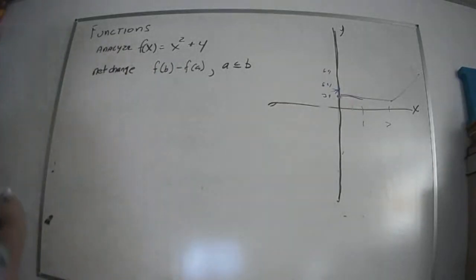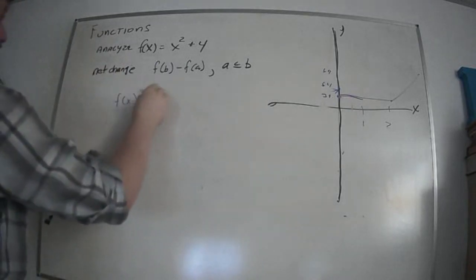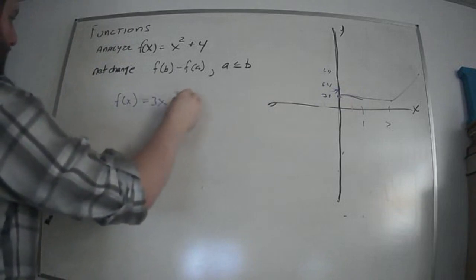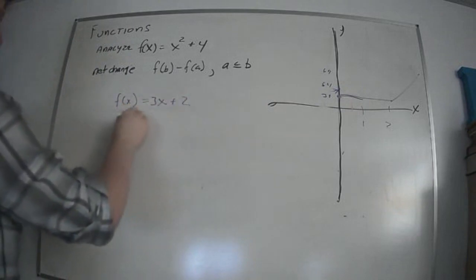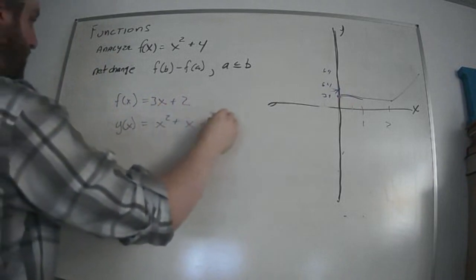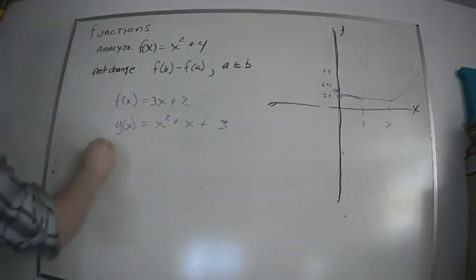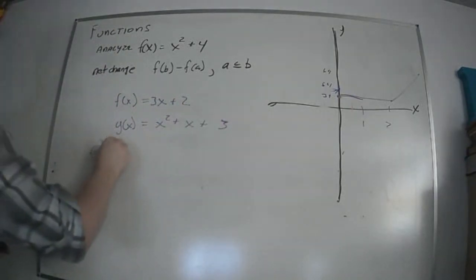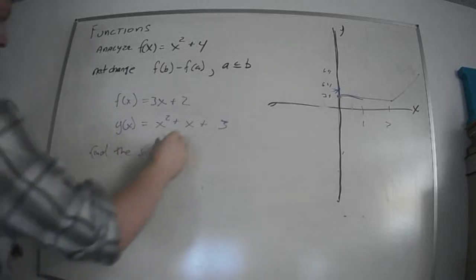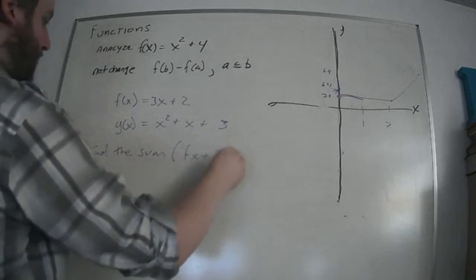For instance, I could say f of x equals 3x plus 2, and g of x equals x squared plus x plus 3. And then I could say find the sum. Well, that just means I take f of x plus g of x.